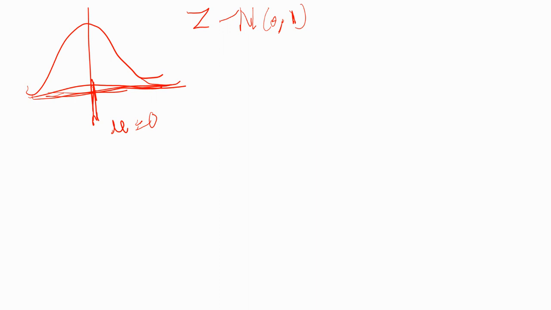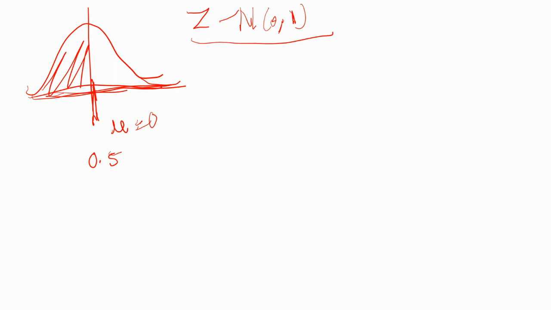Now the second property I've said is that it's symmetric. So symmetric means the area before the mean and after the mean will be the same. Now the total area, when this z is a standard normal variate, is 1. So what we have here is that the area covered until this is 0.5.